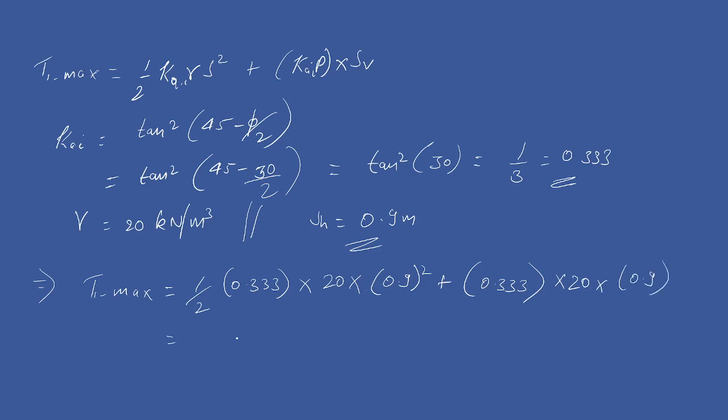If we evaluate this, it's 2.6973 into 0.33 into 20 into 0.9.